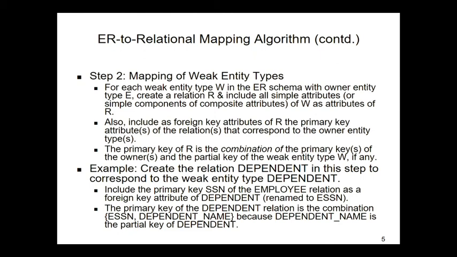The point I'm trying to make is there's no one rule that says it specifically goes on the strong or on the weak. You have to look at the cardinality associated with it and how it maps. That's why we do this mapping exercise.